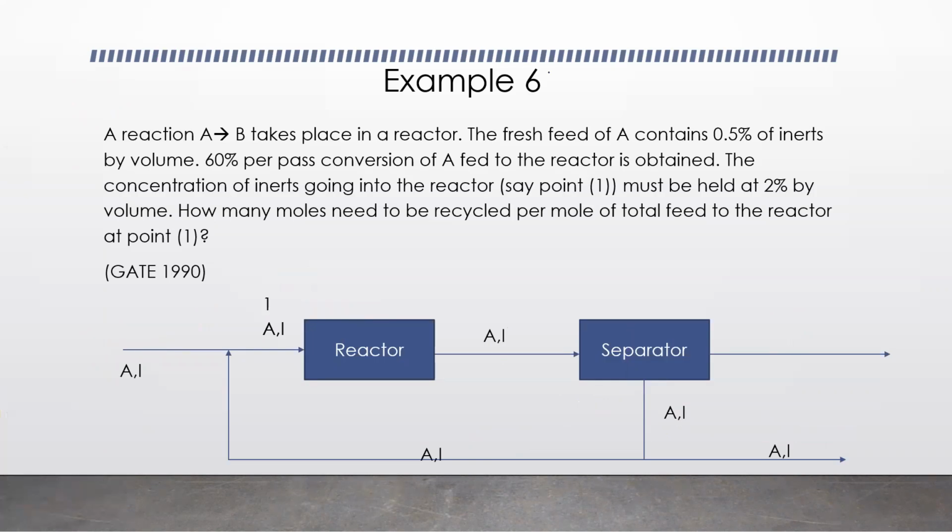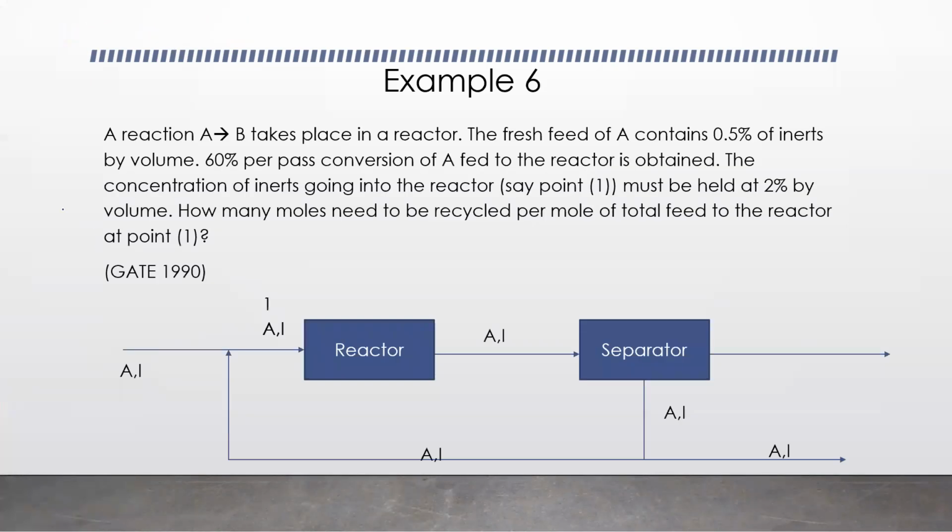Okay, 100 kilomole of fresh feed. So when we are taking 100 kilomole of fresh feed, it contains 0.5% inerts. So that means inerts in the fresh feed are 0.5 kilomole. And A in the fresh feed is going to be the remaining. So 99.5 kilomole is A.